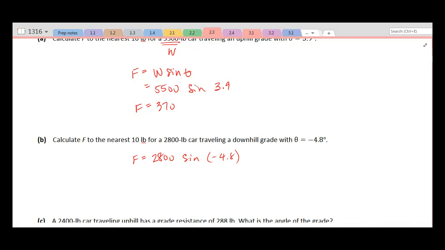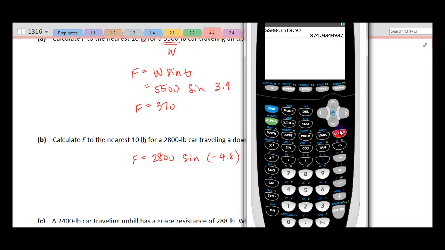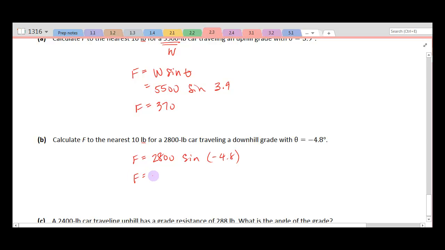So using the calculator again, we would just plug this in. 2,800 sine of negative 4.8, giving us a value of negative 234, but again I'm going to round this down, so this would be negative 230. Straightforward use of an equation or a formula that's given to us.